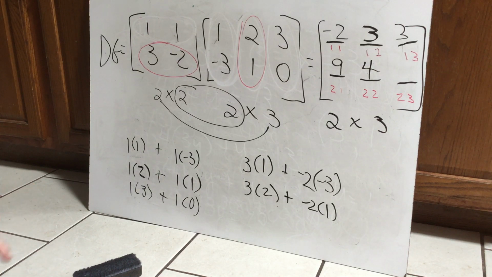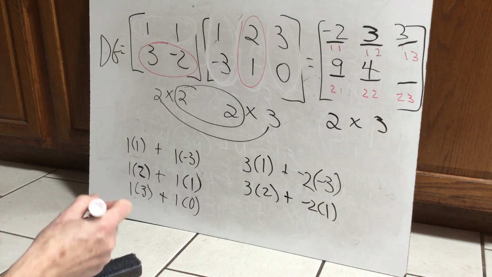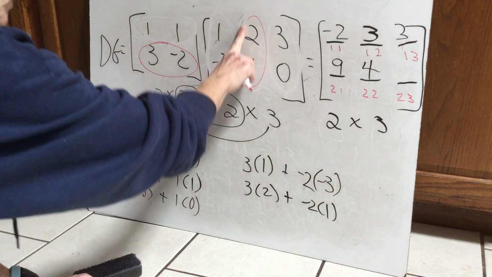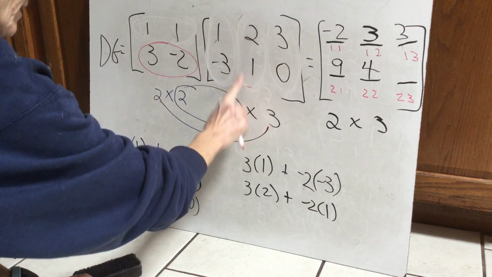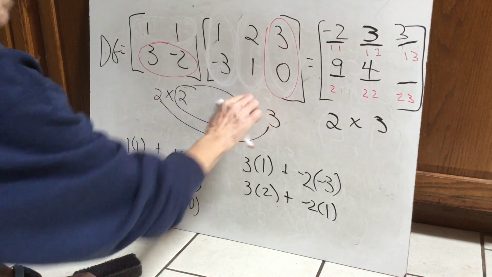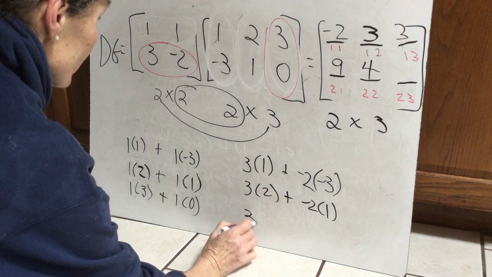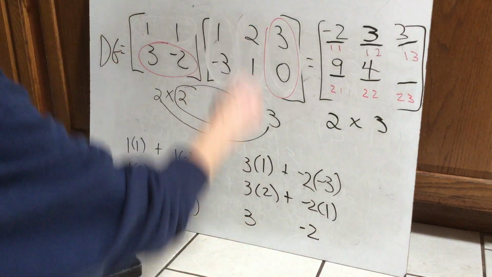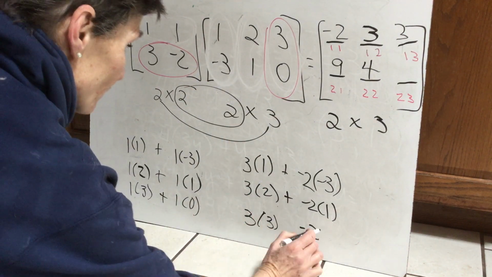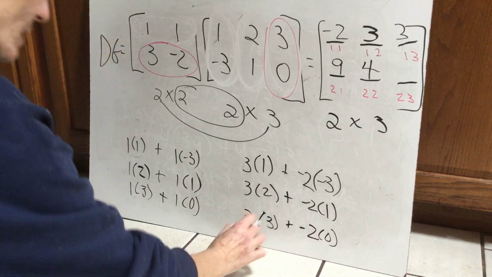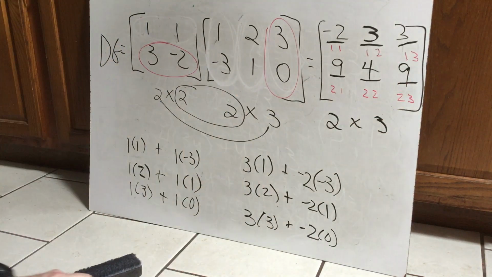And finally, that last spot, which is second row, third column. That looks like another 9. So there we go. You have multiplied the matrices.